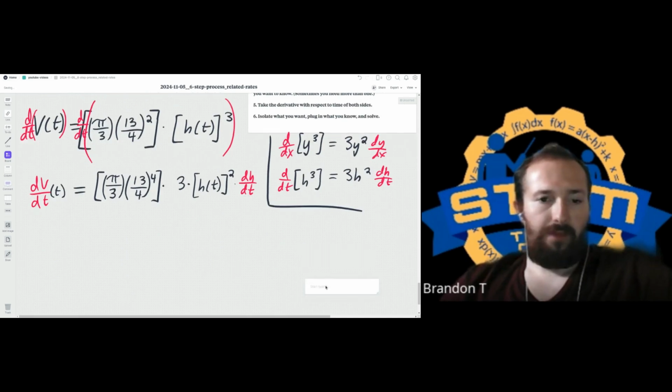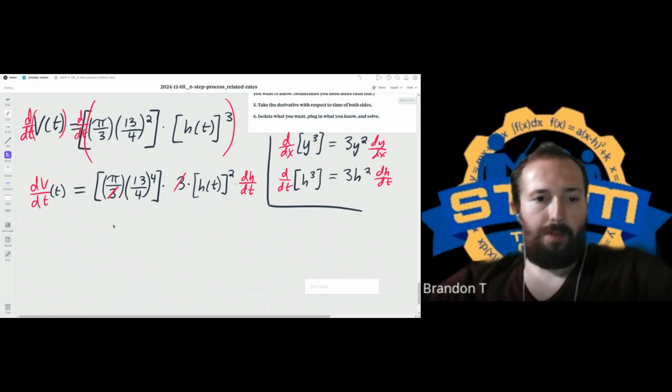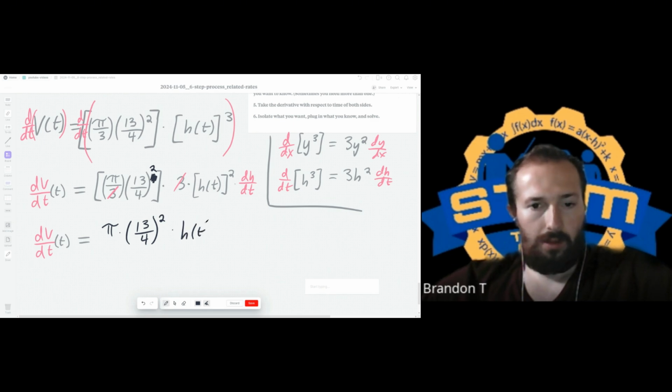Now we can simplify a little bit. This 3 and that 3 cancel. So we have dV/dt equals pi times 13 over 4 squared, or sorry, this should be squared, not to the 4th power, times h of t squared times dh/dt.